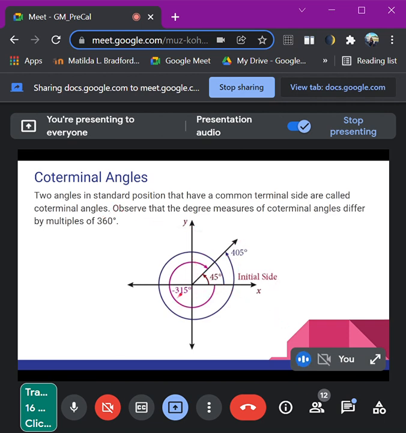We have here a multiple of 360. So let's try to have 360 plus 315, class. What is the result?